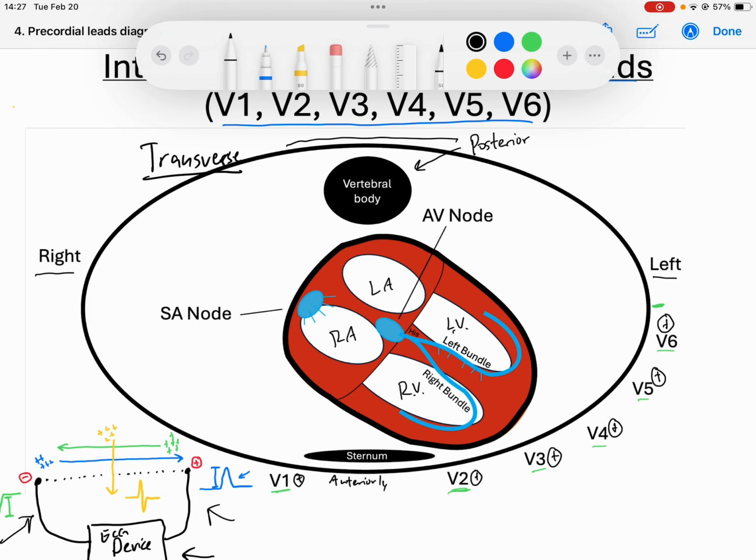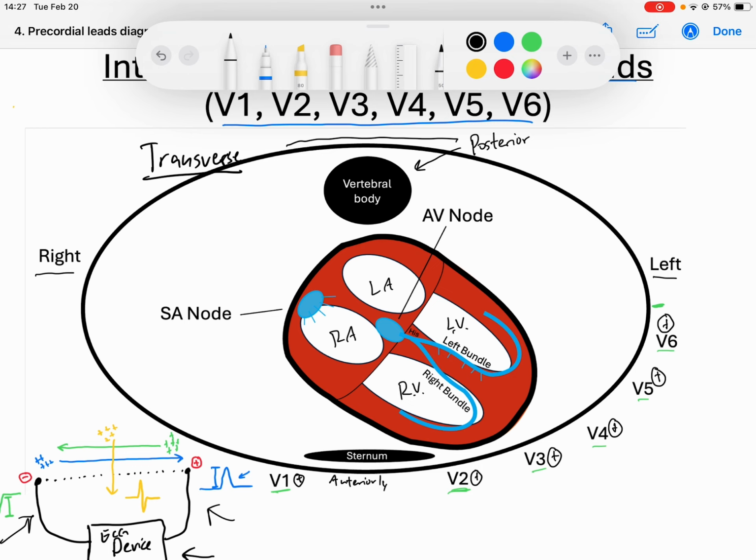Well, what's really interesting is that there is not a physical negative electrode, like a sticker. These are all stickers we're putting on someone's chest, but there's not a physical sticker for the negative electrode. The ECG machine is able to calculate a theoretical position for that negative electrode.